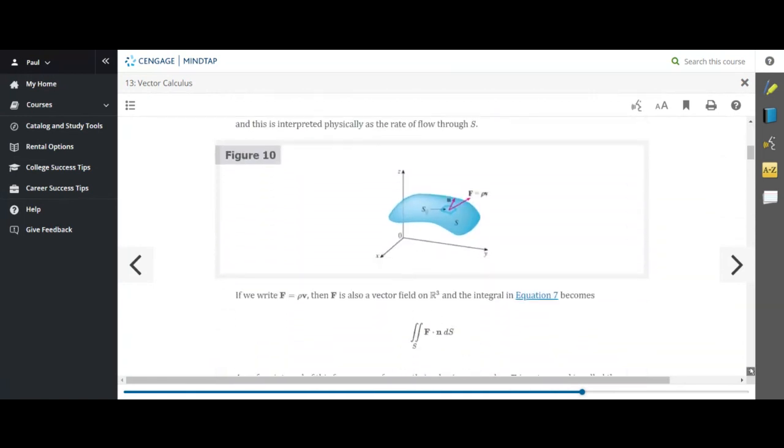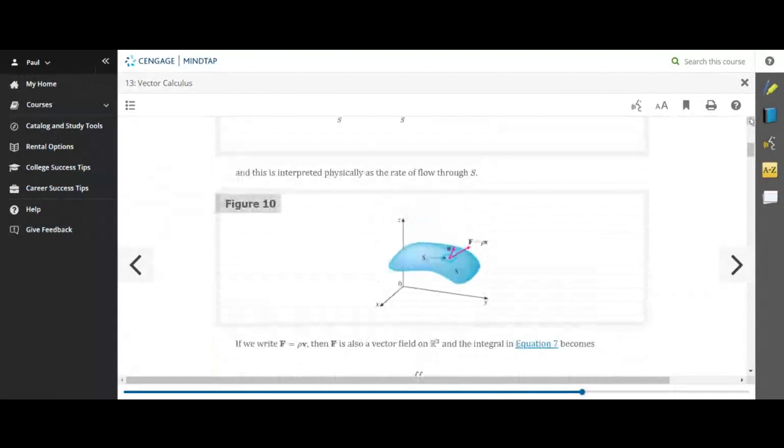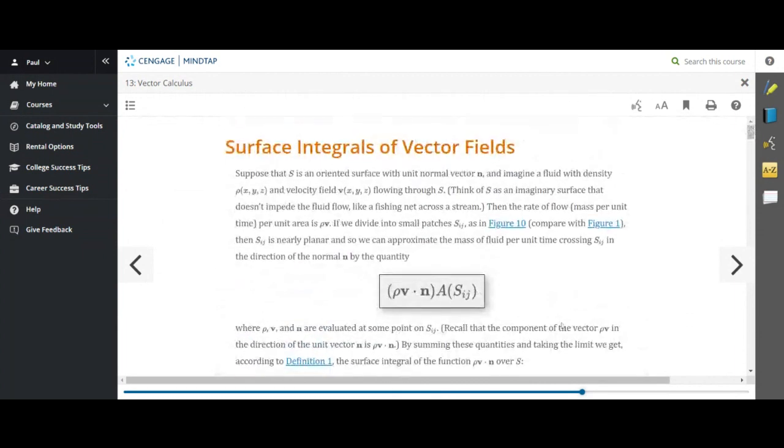There's a little picture there of the surface and the ijth patch. So let's talk about this. It's kind of abstract, but we can make it very comfortable for us. So first thing I want to focus on is what they say here.